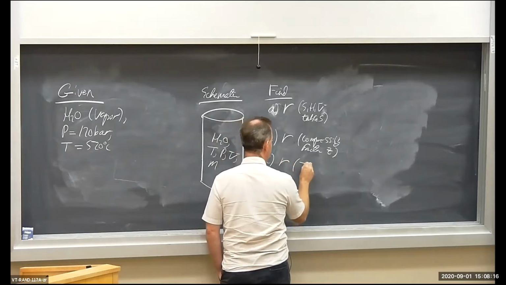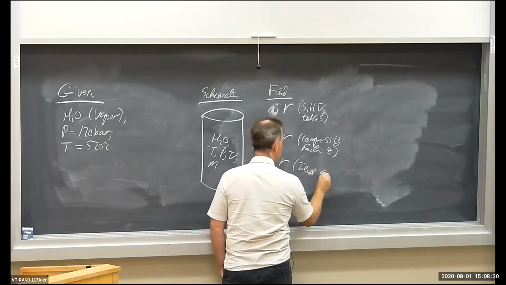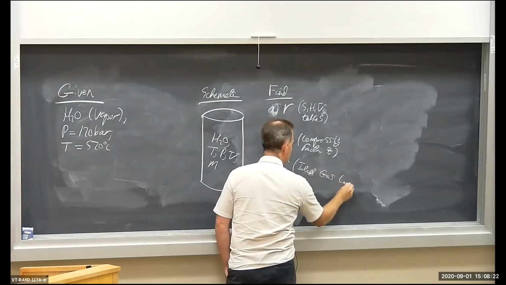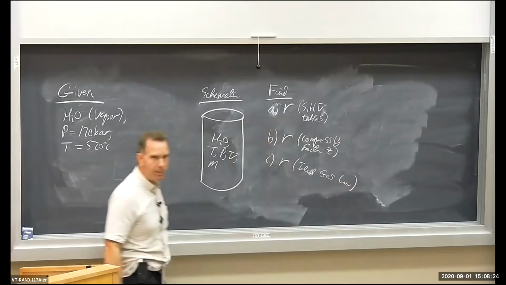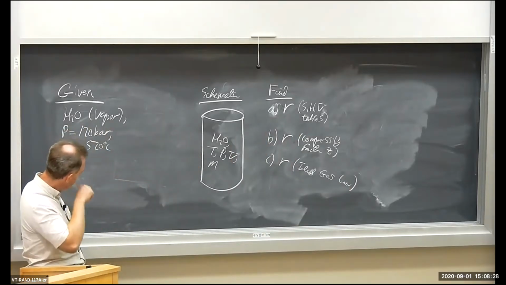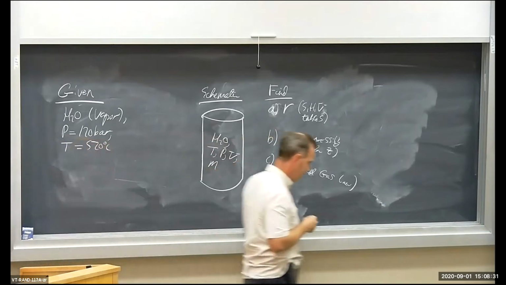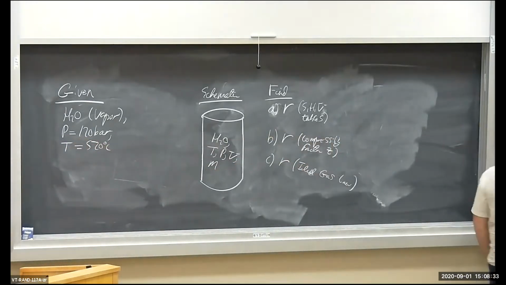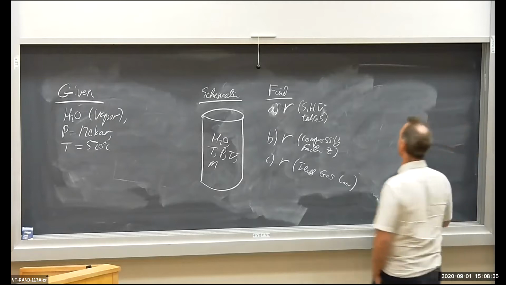So V, ideal gas law. Okay, I will attempt to calculate specific volume using the ideal gas law. All right, we'll see what our success is there. Okay, let's get started. So analysis.